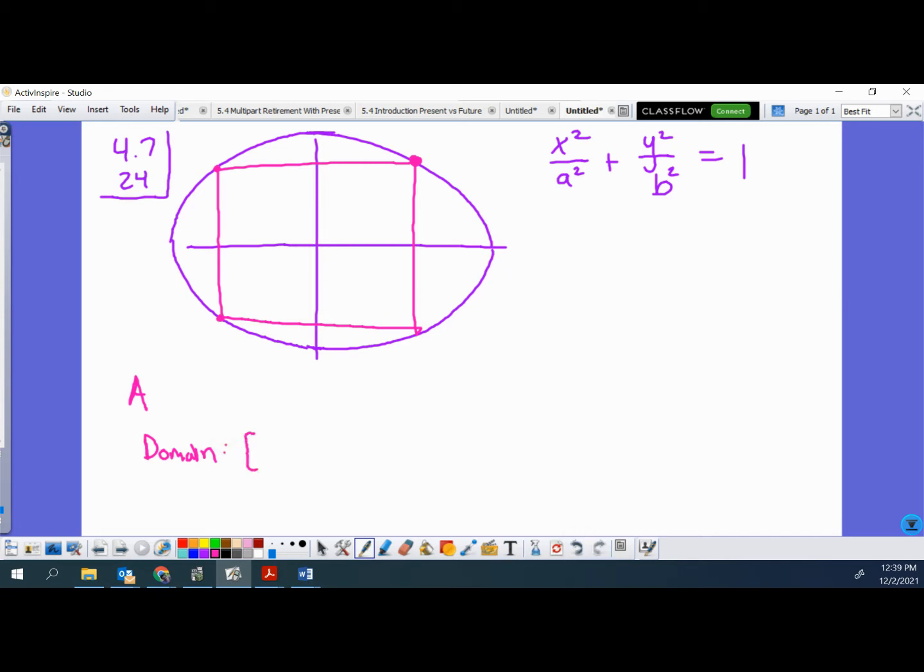And I like to include the endpoints. Some people would not, because they would argue that those stupid rectangles I just showed you, when x is 0 or when x is a for the top right corner of the rectangle, aren't really rectangles. I would argue they are what are called degenerate rectangles.